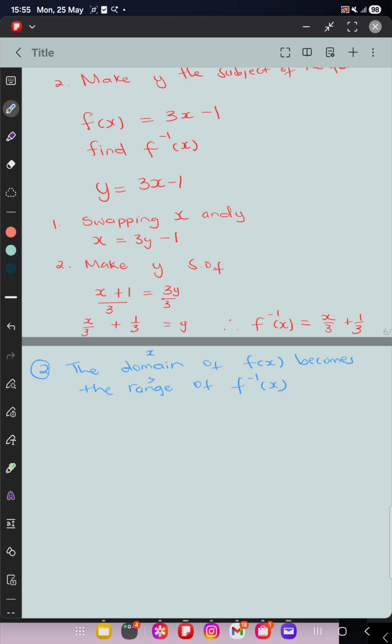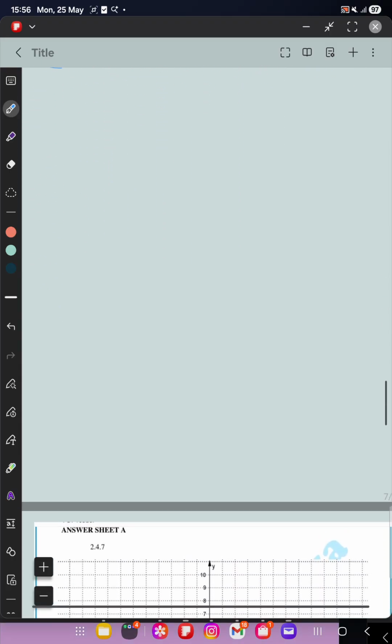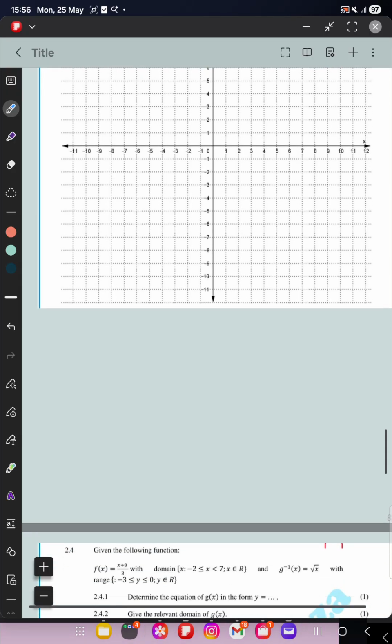The same way, the range of f of x will become the domain of f inverse of x. Now, given that short explanation, let us go into answering a few questions.